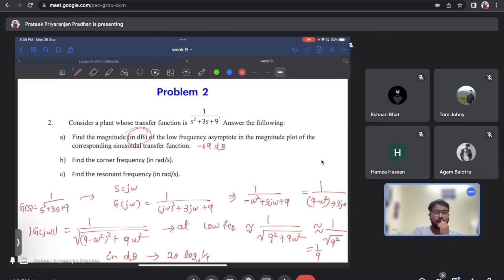Then what is the resonant frequency? This is the question actually. Who can say what happens during resonance? It's in your 12th class. What do we call resonance? What are the effects of resonance?